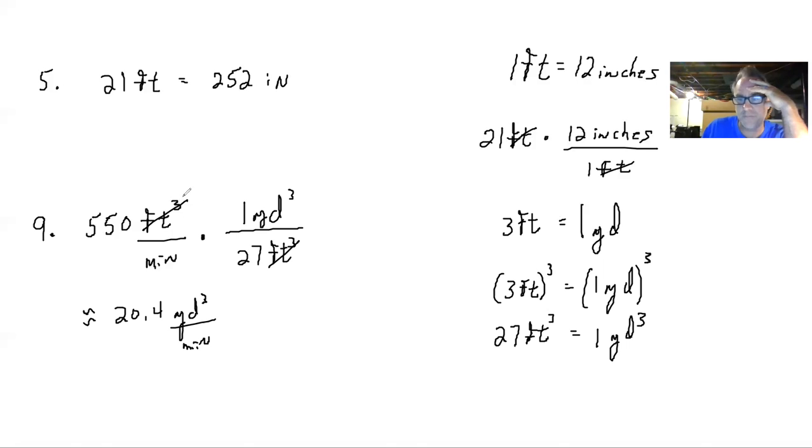That's an exponent here, per minute. And I wanted to get this to cubic yards. So when I'm dealing with a cubic unit because it's a volume, or a square unit, I have to be careful on those conversion factors.